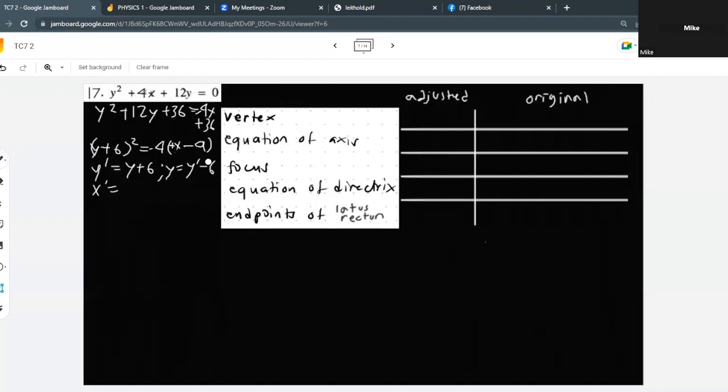Ngayon, so y prime is equal to y plus 6, x prime equals x minus 9. Y prime square. Use yung prime kasi doon natin i-examine yung system.